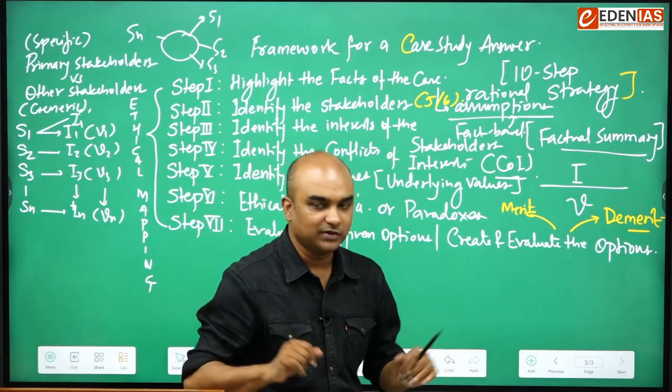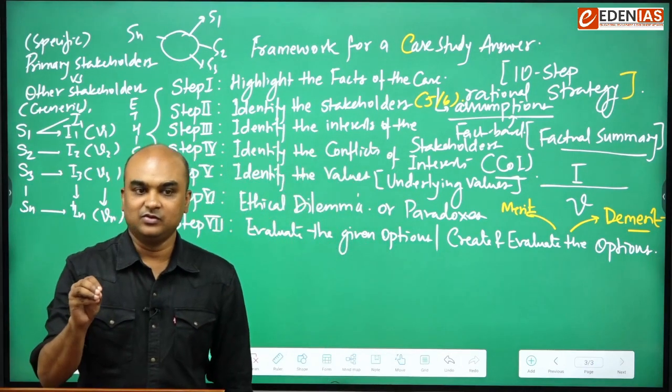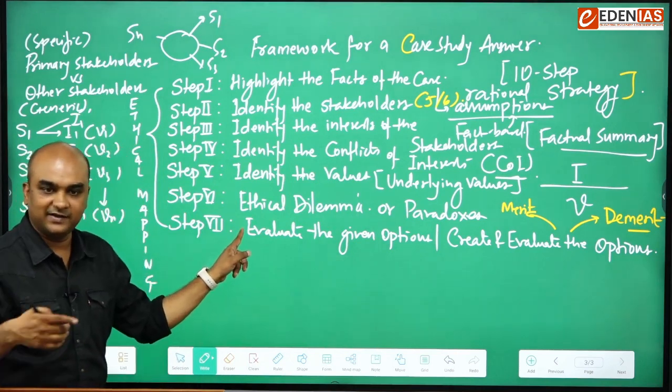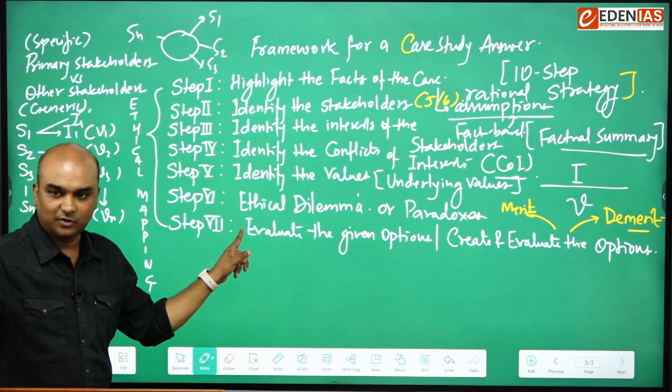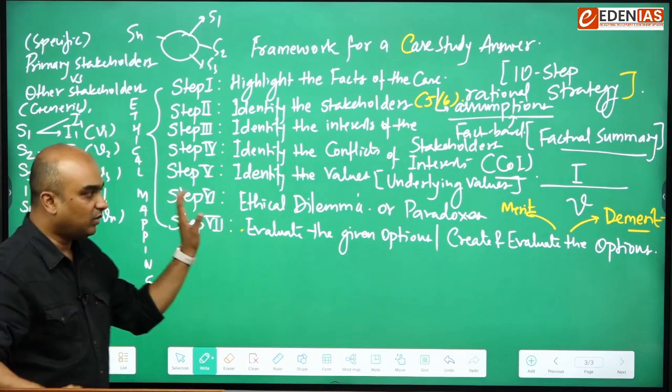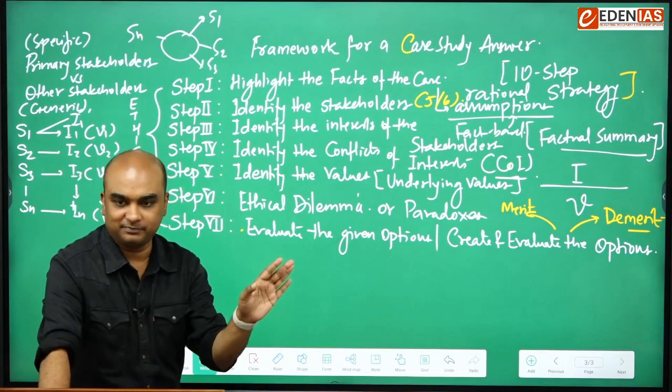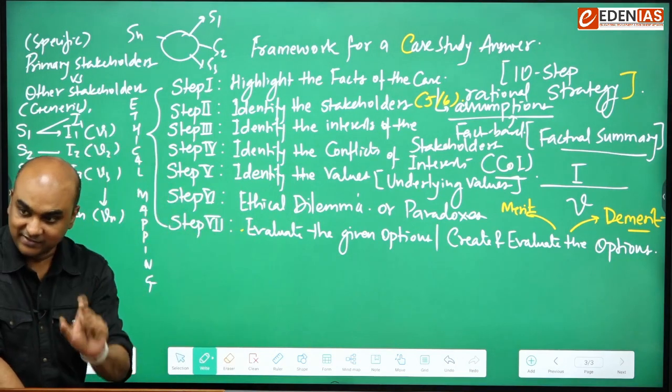Otherwise, you are going to struggle. Generally, where aspirants mostly begin, they begin from here. They start evaluating the certain options that are available. Once you have evaluated all the options, obviously you have to pick one and drop the others. So this is the moment of truth.